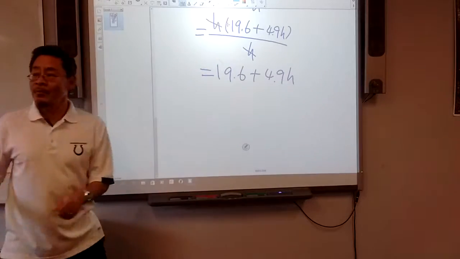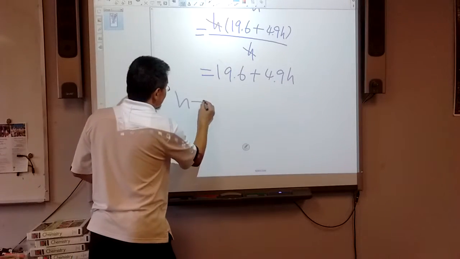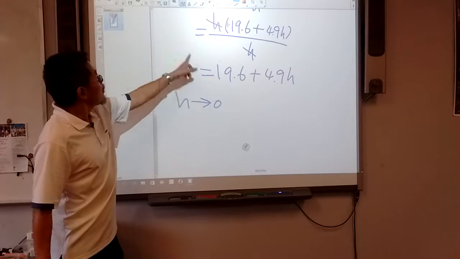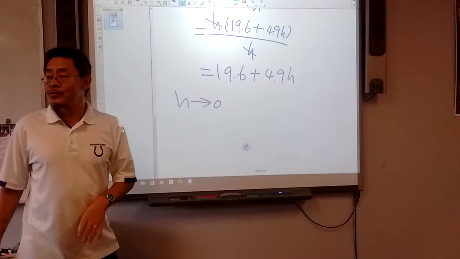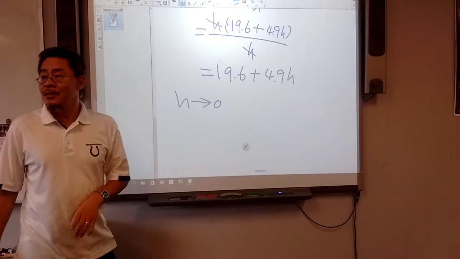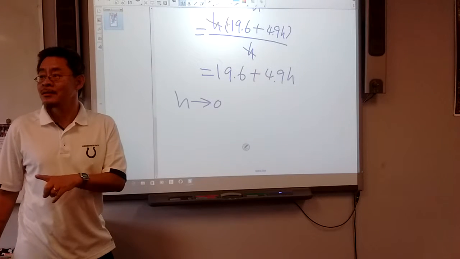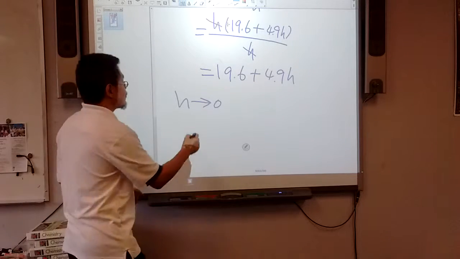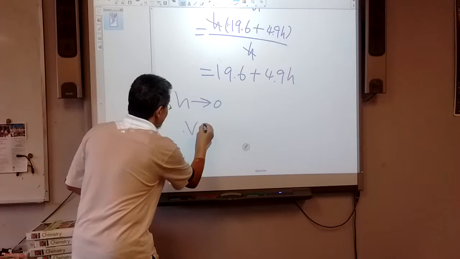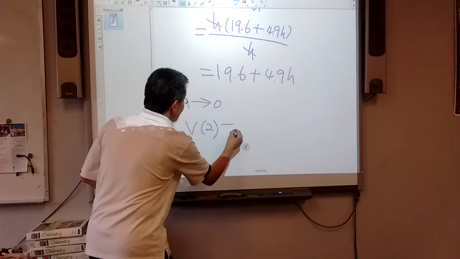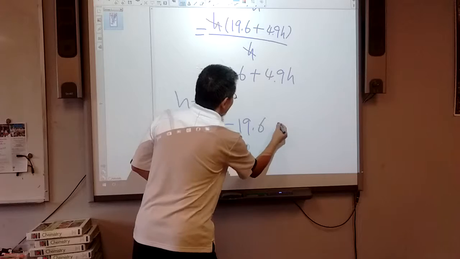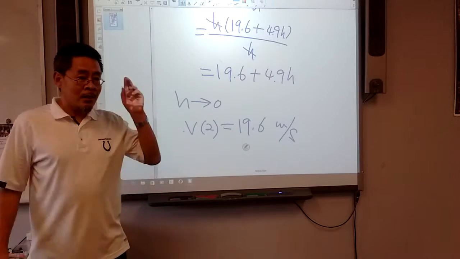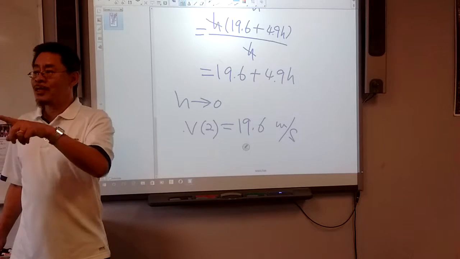Now, as h approaches 0, that's how we do it. Push h towards 0. What is our average velocity? It becomes instantaneous speed, right? So let's write it as this. At time t equals 2, that gave us 19.6 meters per second. Okay, so that is the instantaneous speed at 2 seconds.